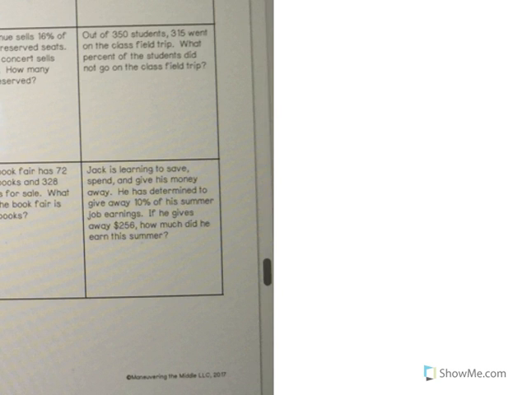Okay, let's keep going since I'm doing your homework today. Jack is learning to save, spend, and give his money away. He has determined he's going to give away 10% of his summer job earnings. If he gives away $256, how much did he earn this summer? Well, now we're looking for total here, right?